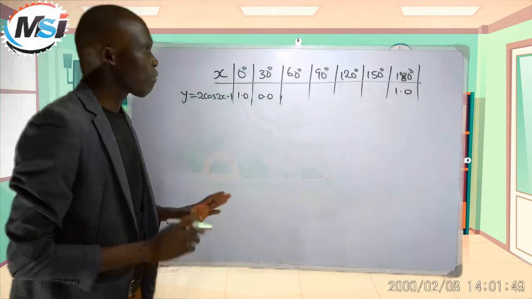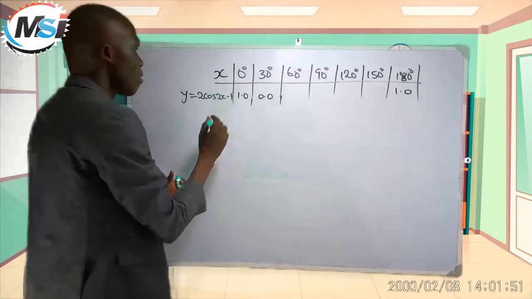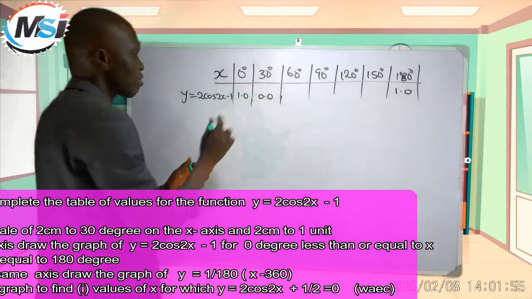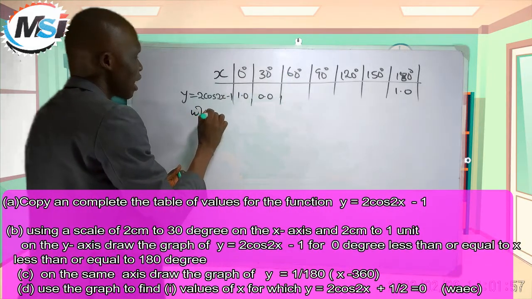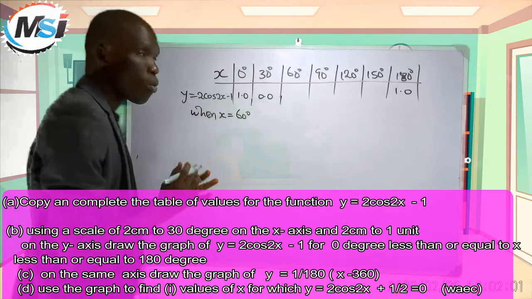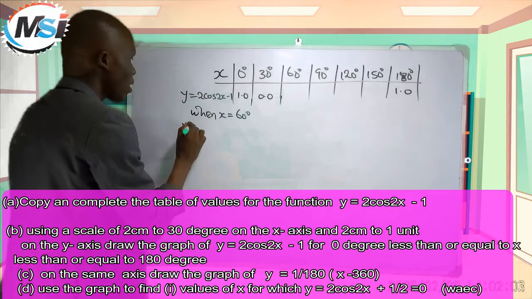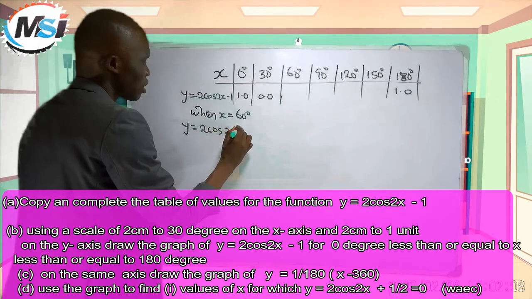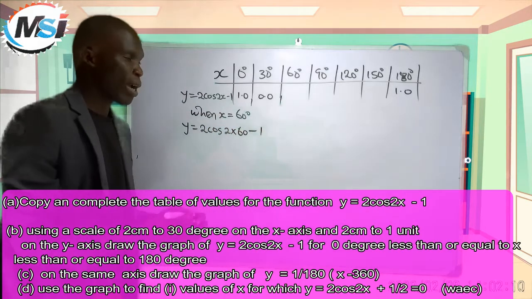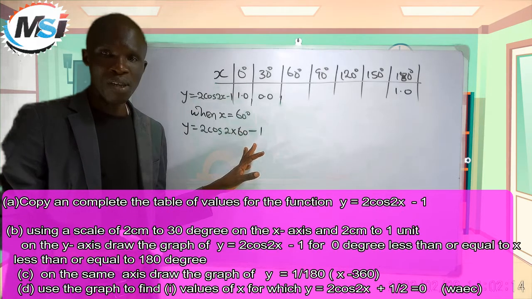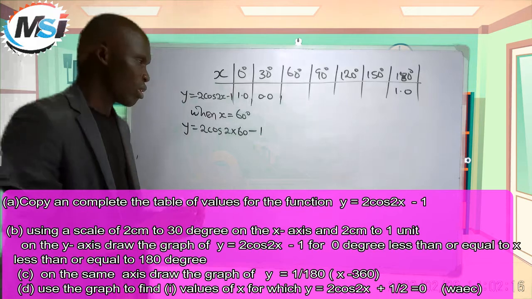Now the first thing to do is, when x equals 60 degrees, what will be the value of y? Y will give us 2 cos 2 times 60 minus 1. Remember, x is 60. I believe you understand that, right? Okay.